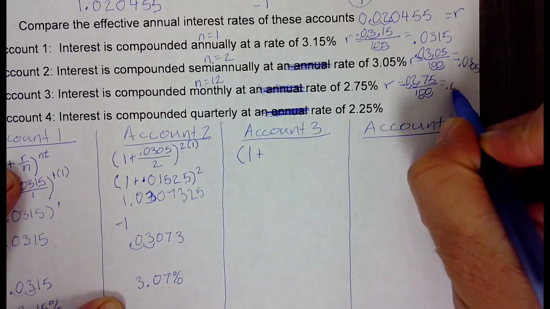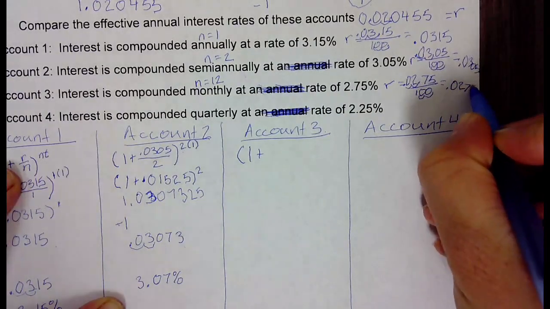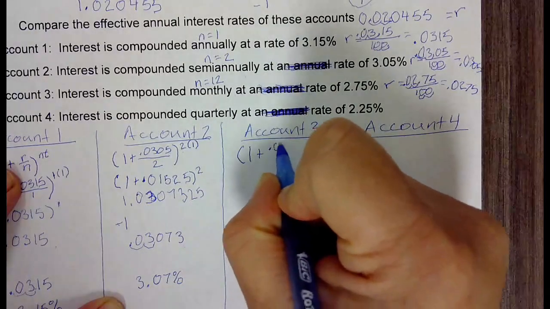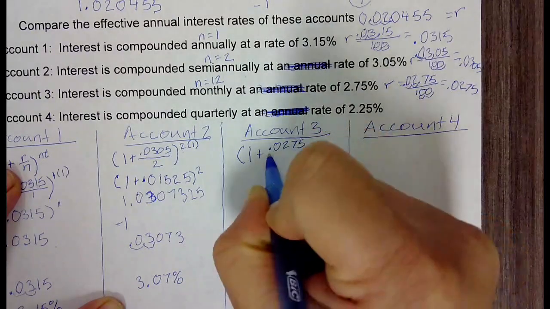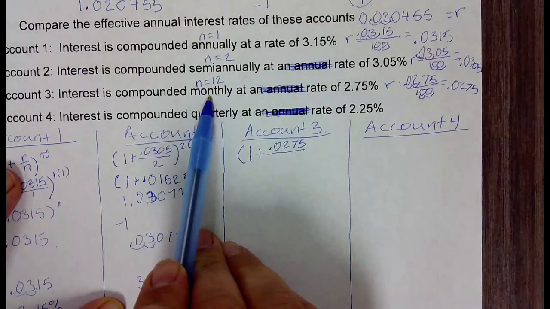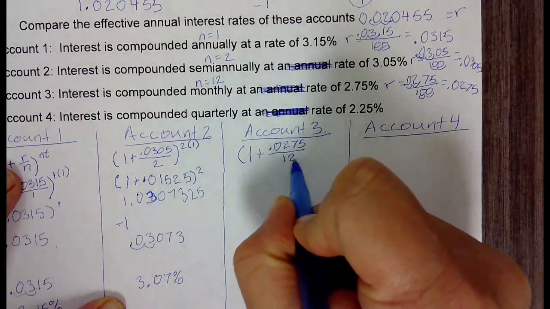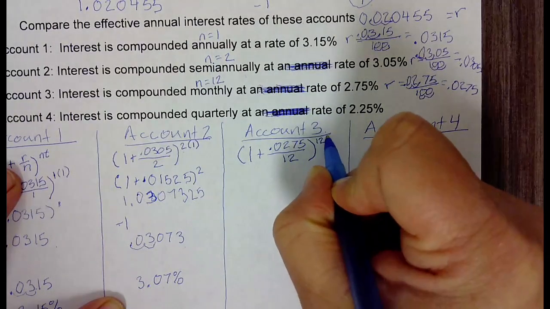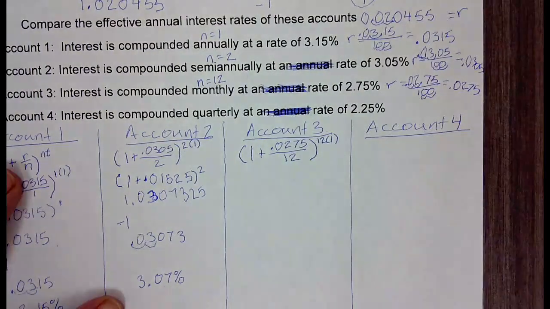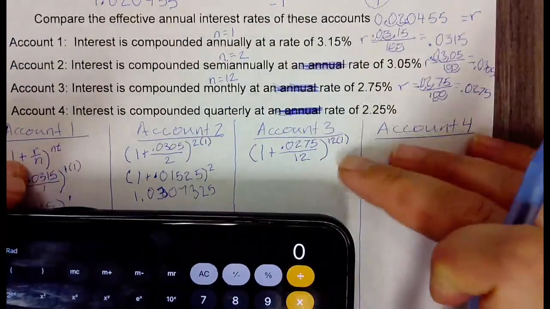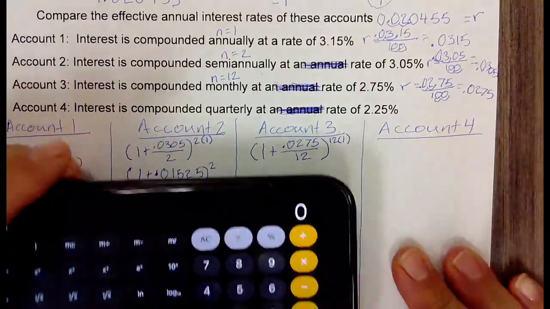My rate is 0.0275, that rate divided by the number of compounding periods. This is compounding monthly, so that'll be 12 to the power of 12 times 1 year, because I want to find out how much that compounding rate would be for 1 year.